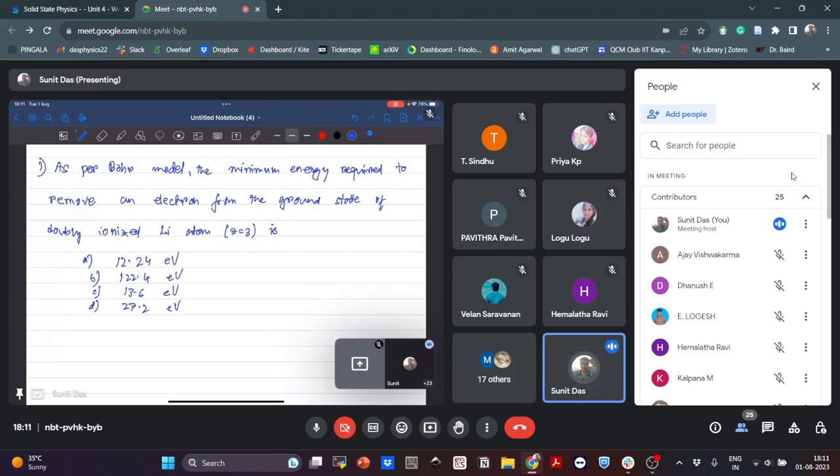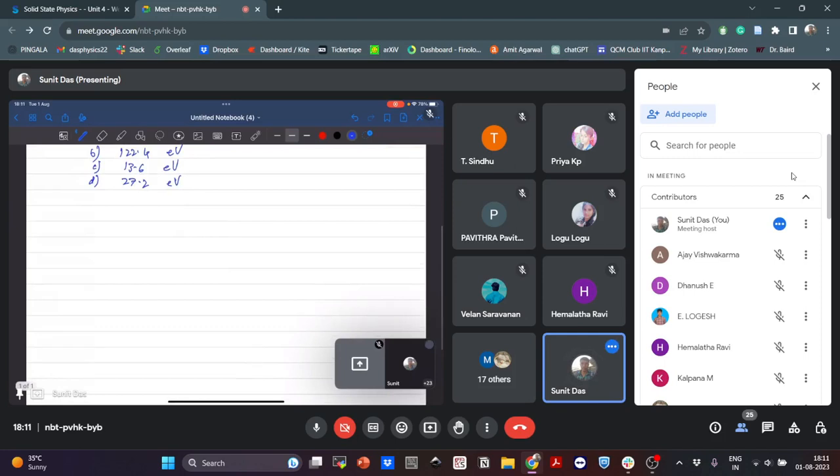Okay, so let me solve the problem. So we have lithium atom. Suppose this is a nucleus and there are two orbits around that. Sorry for my pathetic drawing. So two electrons will occupy this, and then one electron, Z equal to 3.